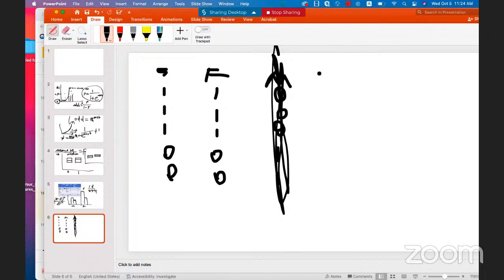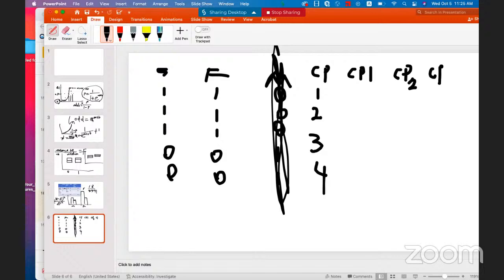And if it has multiple values like CP, okay, CP has 1, 2, 3, 4, and then you change it to CP1, CP2, CP3, CP4. And it's the same.